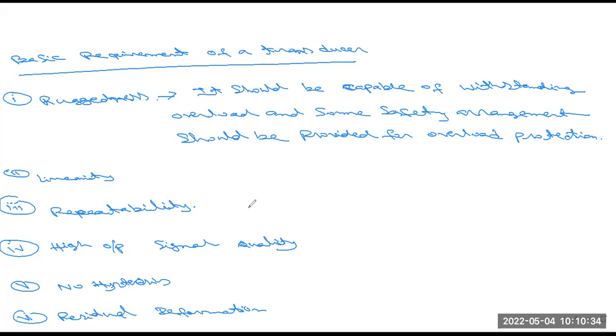So these are the basic requirements for the electrical transducer. Hysteresis means it should not give any hysteresis losses during the measurement. And another one, residual deformation: there should be no deformation or removal of any input signals for long-time applications.